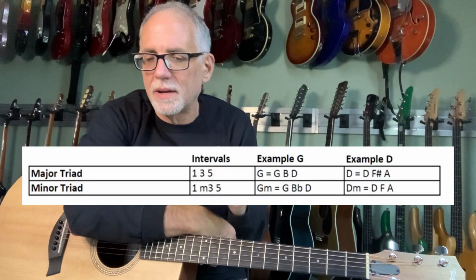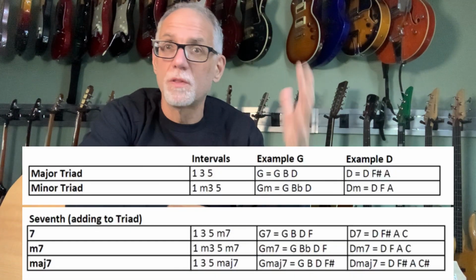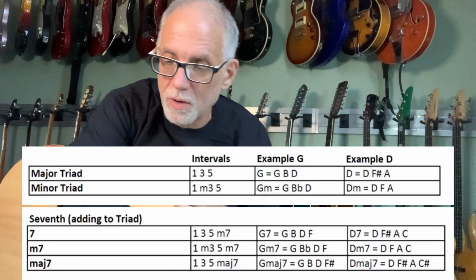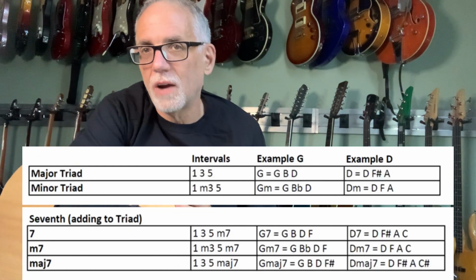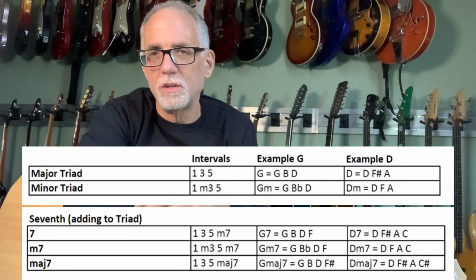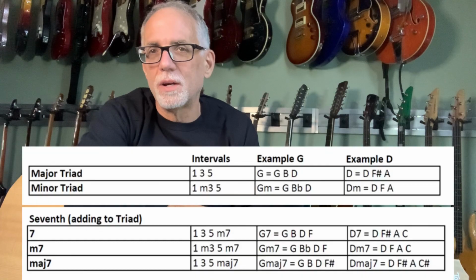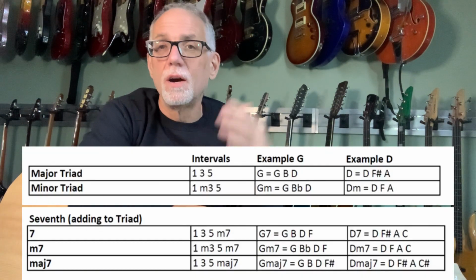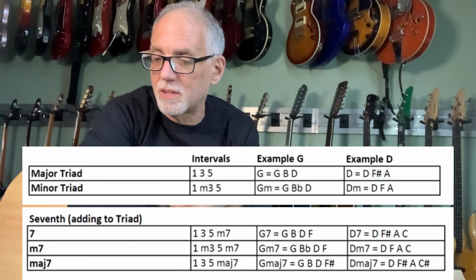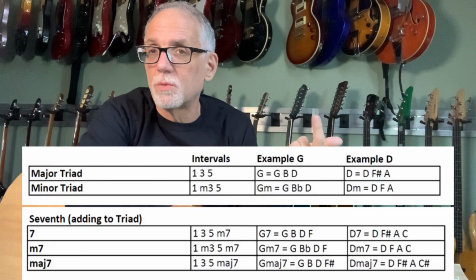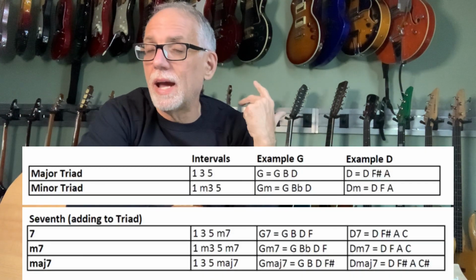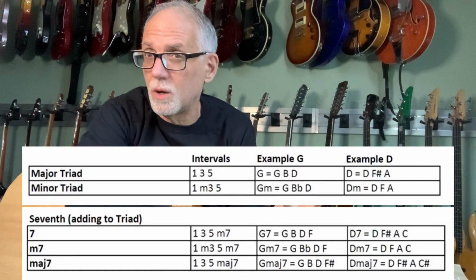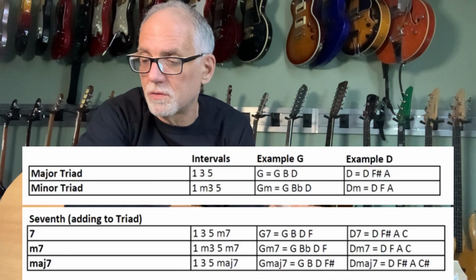You know that. All right, so the stuff we just learned, though, the 7ths. We're adding a note to the triad, so there's going to be 4 notes in each one of these. Which note are we going to add? That's the key question. For the regular 7th, the dominant 7th chord, we have a 1, 3, 5, just like we did, and then we're adding the minor 7th interval.